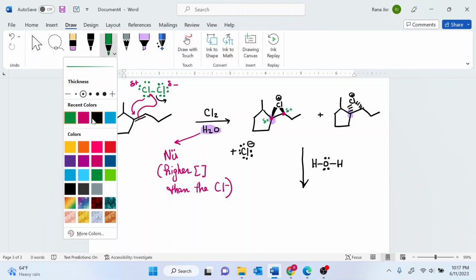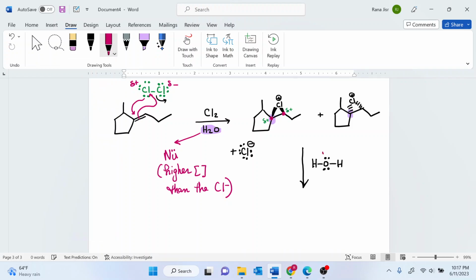Okay, so now the water is going to attack. So the water is going to come and attack, and it's always going to attack from the opposite side of the cycle. So we're still doing the same stereochemistry in there, which is the trans addition. Every time you're adding a halogen in there, the halogen is going to create a cyclic halonium ion, and that cyclic halonium ion will occupy all the area, whether up or down.